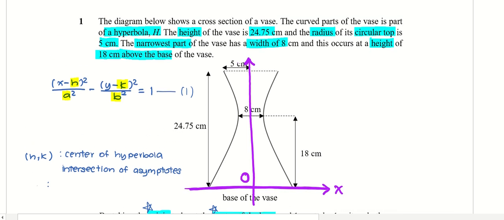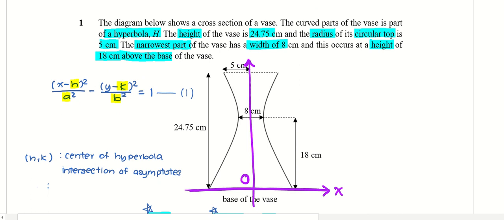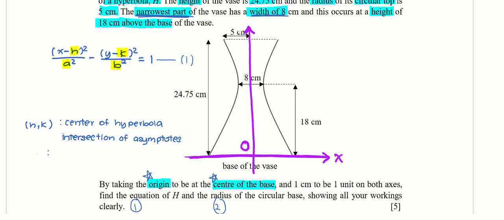If you actually know your hyperbola, you do agree with me that the center of the hyperbola is where the narrowest part is. See this highlighted in blue: the narrow part of the vase has a width of 8 cm. So this is the narrowest part. I'm going to mark out my center in red. This is the center of your hyperbola.